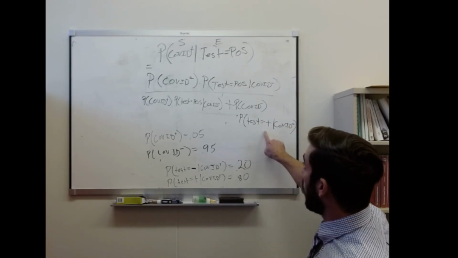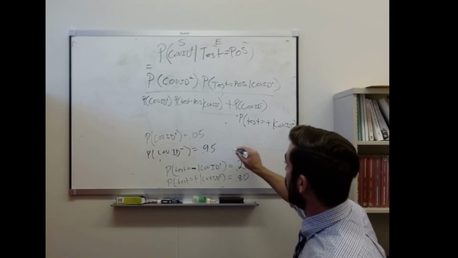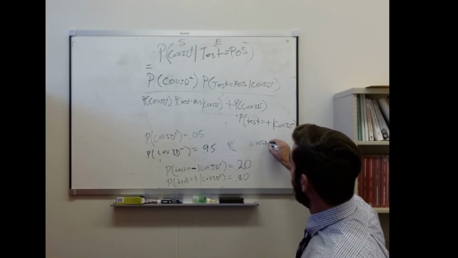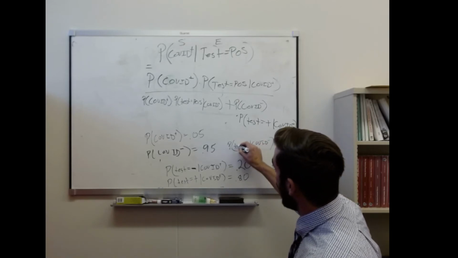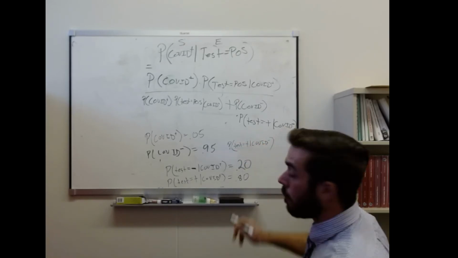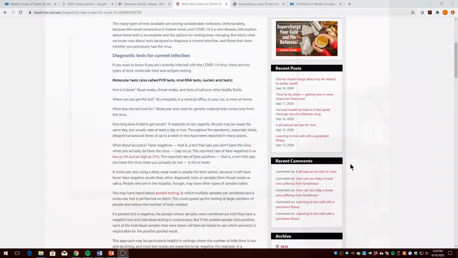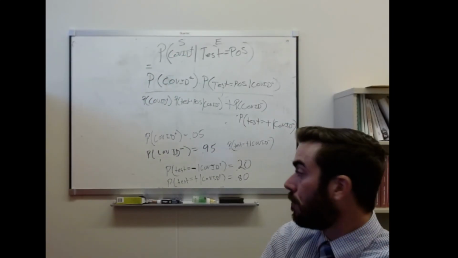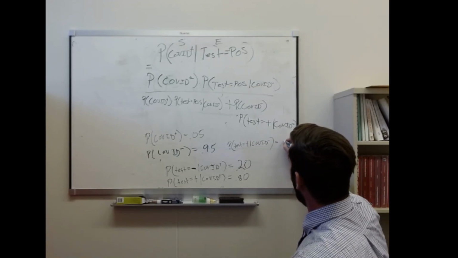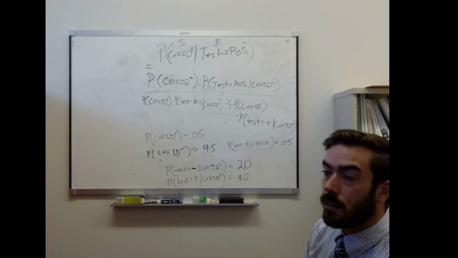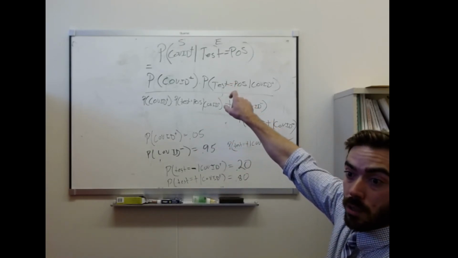Now the other thing that we don't have yet is, given that they're COVID negative, what's the probability that a test comes back positive, right? So if I look here, this says that it's 5% or lower. We'll use the highest amount, which is 5%. Right, so 0.05. And now I have everything I need to find what I originally wanted, right?